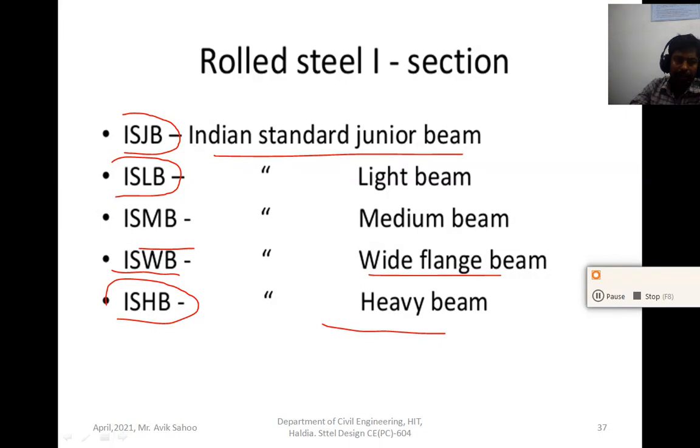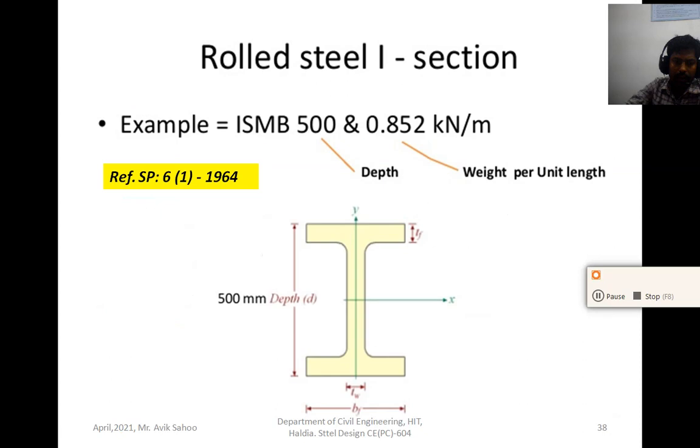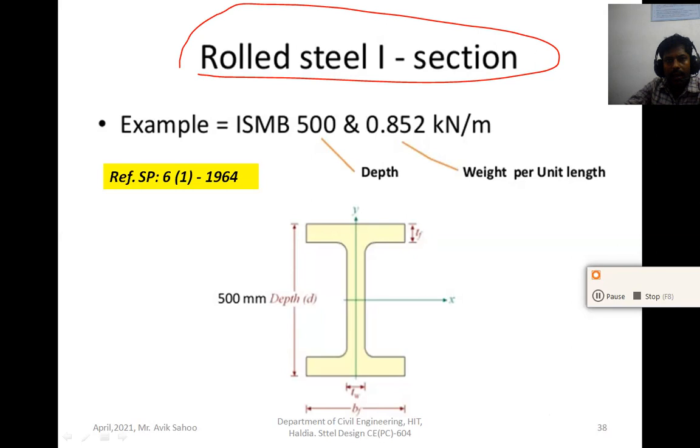Basically the I section is mainly used in girders, beams, columns, etc. This is a rolled steel I section, and the sectional properties are given in SP6 1964.